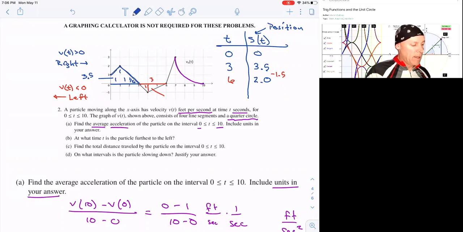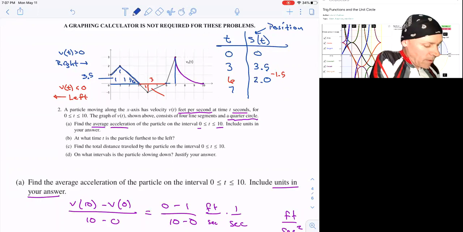Okay. My next interval is going to be to time 7, right before that quarter circle starts. And here we've got a triangle. That's going to be 1 unit wide and 3 units high. So again, the area of that triangle is going to be 1.5.